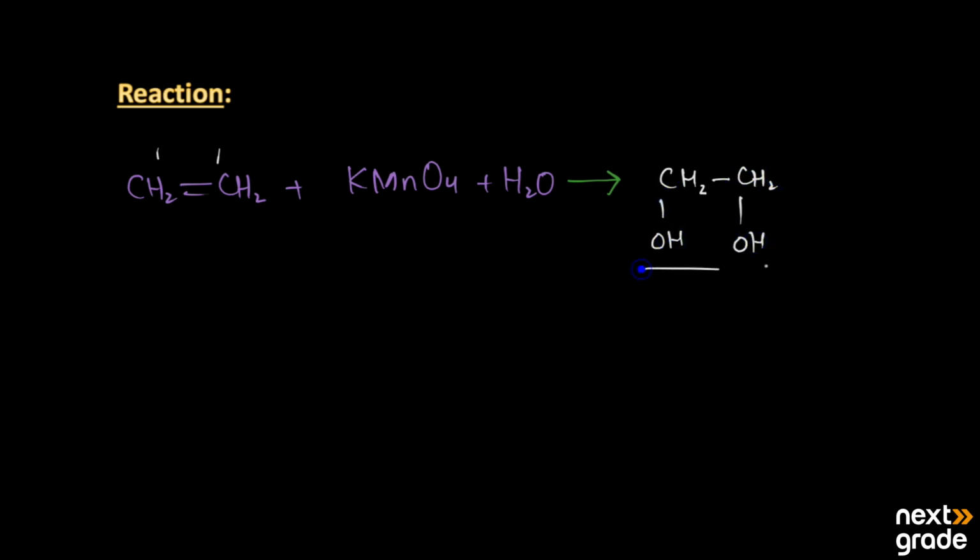So this is the simple oxidation with KMnO4. Next, we have the side products. Side products will be manganese dioxide and potassium hydroxide. Now by balancing this equation, we will get 3 CH2 CH2, we will use 2 moles of KMnO4 and then get 3 moles of ethylene glycol.